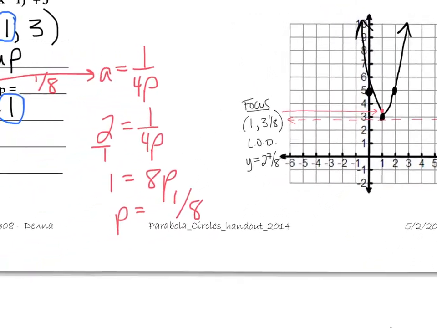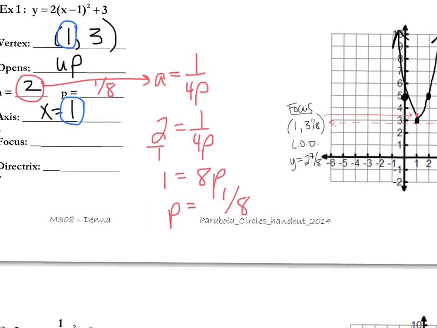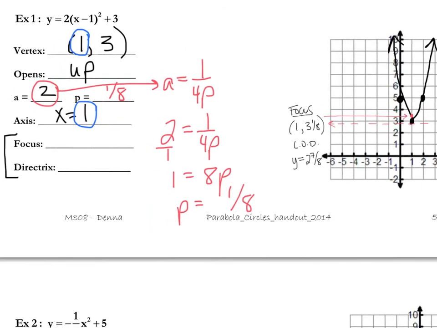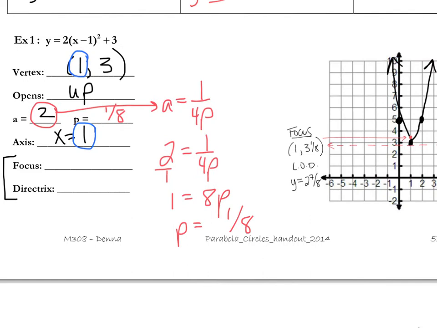It seems kind of weird, but the p-value helps us find the focus. So that focus is 1, 3 1/8. And the directrix is the line y equals 2 7/8. Okay, that's example number 1.